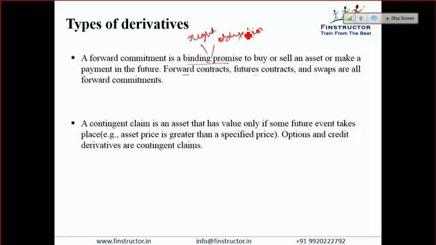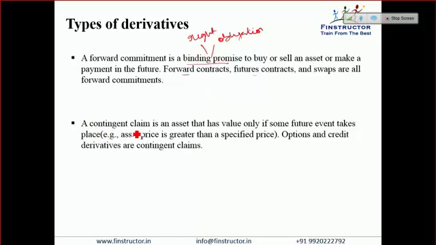Both counterparties have an obligation to perform on whatever they agreed upon. A has to buy at $100, or A has to sell at $100 in our example, and B has to buy. It's a promise to buy at $100. So forwards, futures, swaps, which we'll study in more detail in coming slides, are all binding promises or forward commitments.